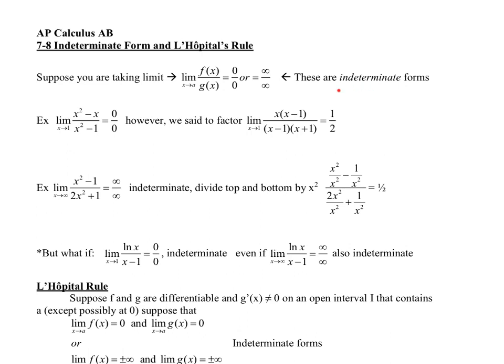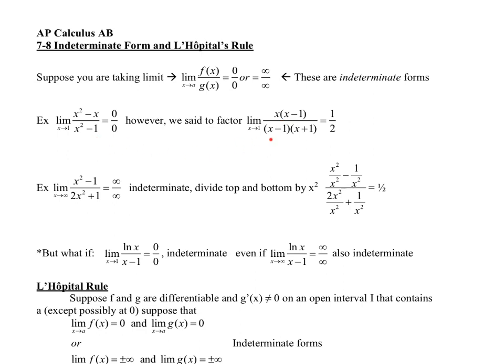Well, here would be an example. If I plug in 1, I will get 1 minus 1, which is 0. This is indeterminate. So at this point, we said we need to factor and clean this up. I factor the top and end up with x times x minus 1, so I took the x out.